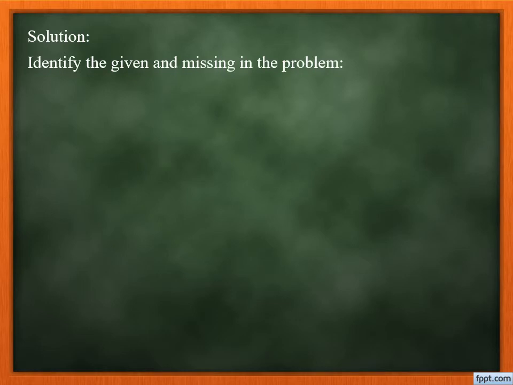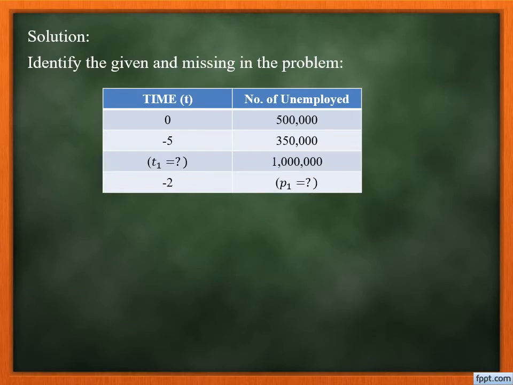So for the solution, we can start by identifying the given and the missing in the problem. You can just write down a table for your missing and given data, and then set your missing data into variables.